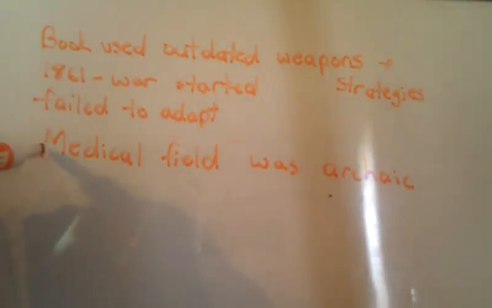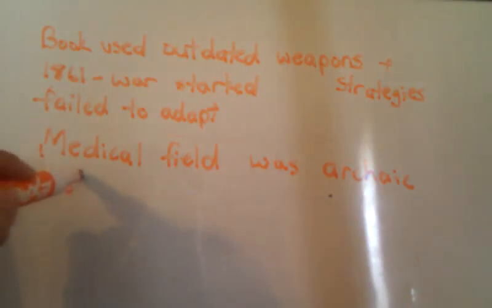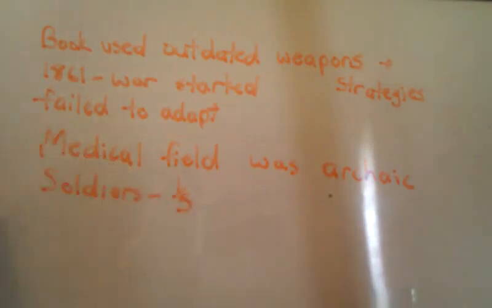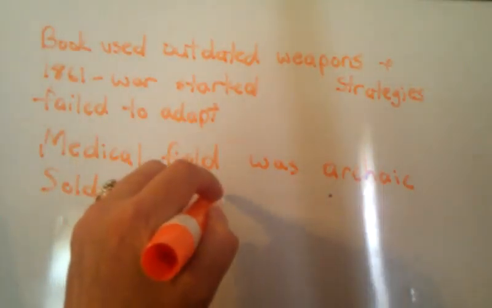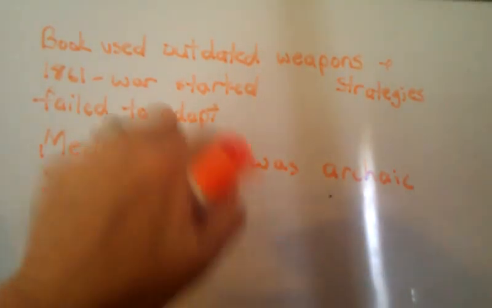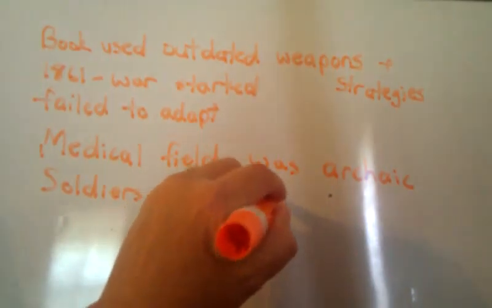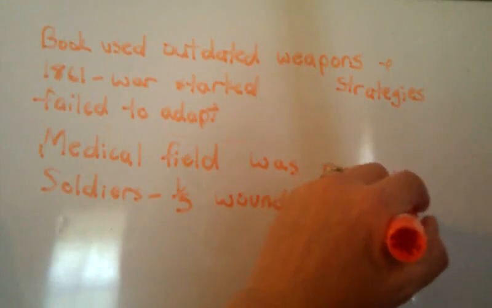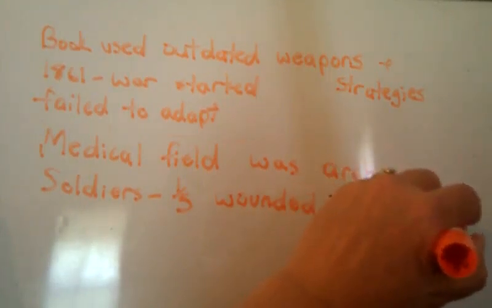Therefore, the doctors weren't prepared to deal with the kind of injuries that happened in the war. So many soldiers, it says 1/5 of the wounded soldiers were amputees. One-fifth of the wounded were amputees. They had something amputated.